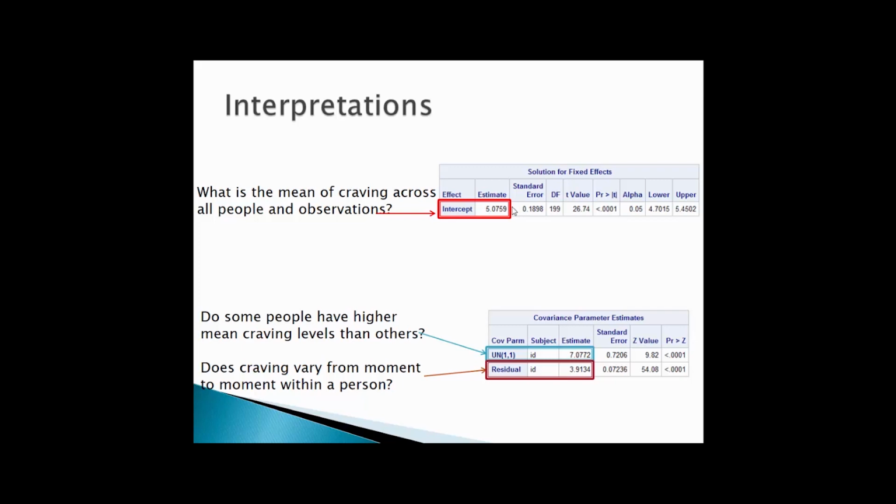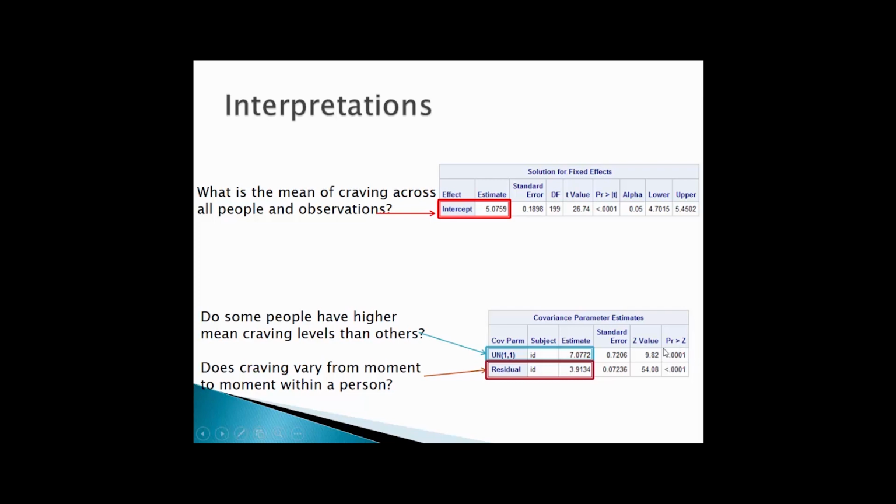In the random effects table, we can ask the question of, do some people have higher mean craving levels than others? Looking at the variance parameter that tells us about between person variance, we can see that we have a variance of about 7 across individuals. That's difficult to interpret in and of itself, but one thing that we might do is take a look at the p-value associated with that.